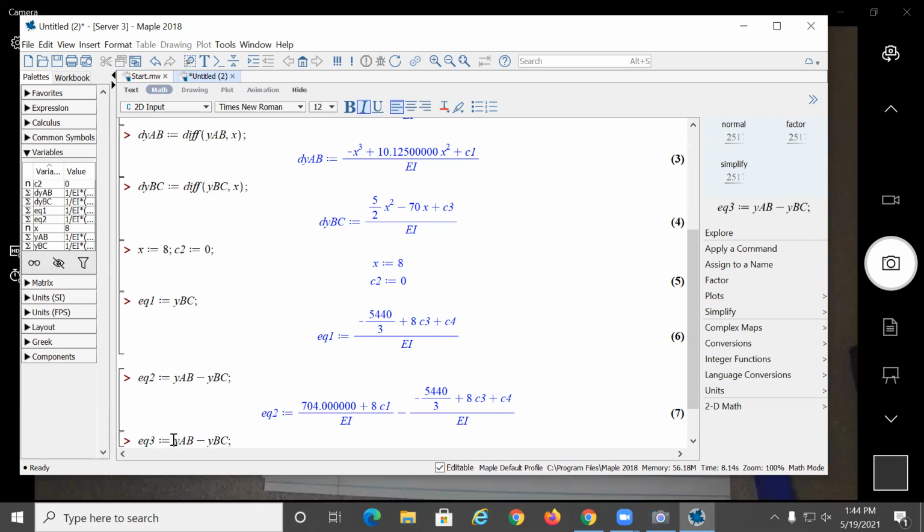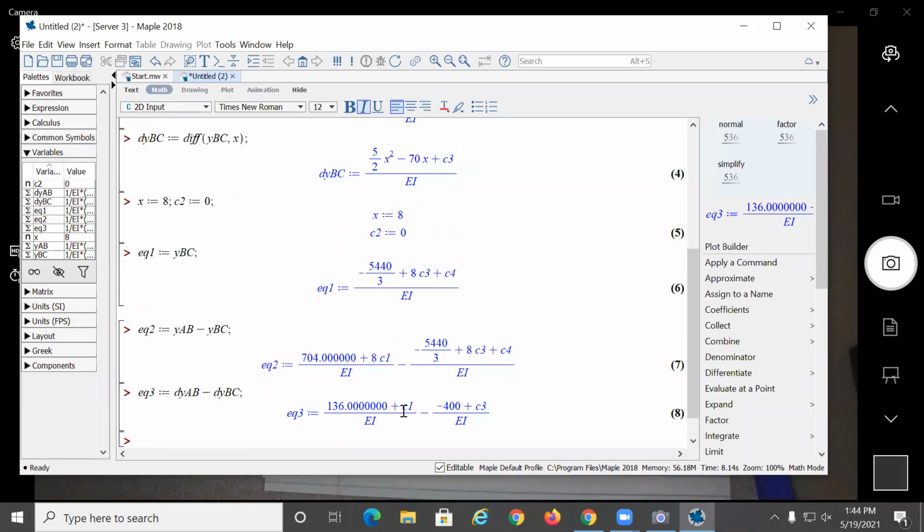The dYAB minus dYBC is equal to 0, and we get that equation here. So this one is only in function of C1 and C3. So I'm just going to copy that equation.